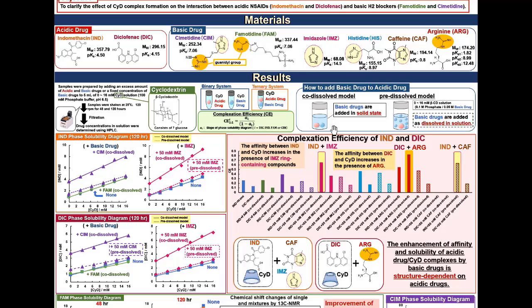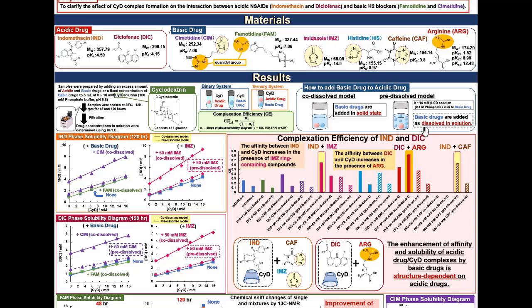The addition of basic drug to an acidic drug was performed using two different methods, the co-dissolved model and the pre-dissolved model. The co-dissolved model assumes that the basic drug and the acidic drug are taken at the same time, and the basic drug is added in a solid state. The pre-dissolved model assumes the acidic drug is taken after the basic drug has been taken before.